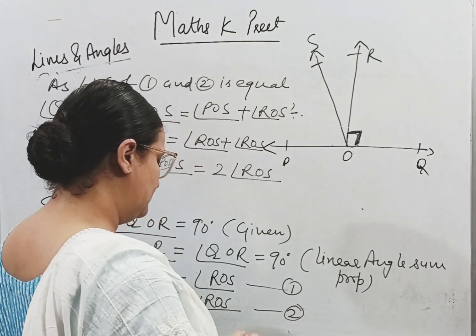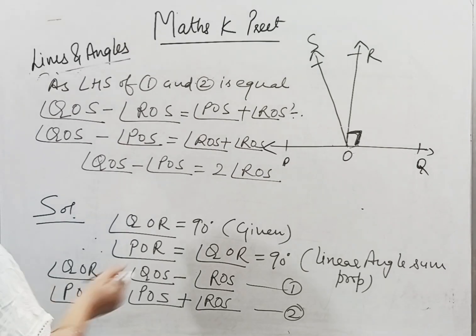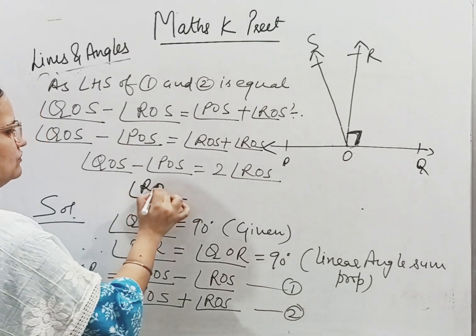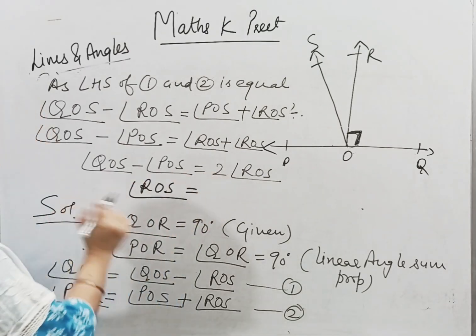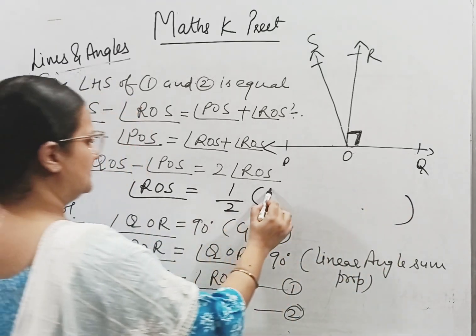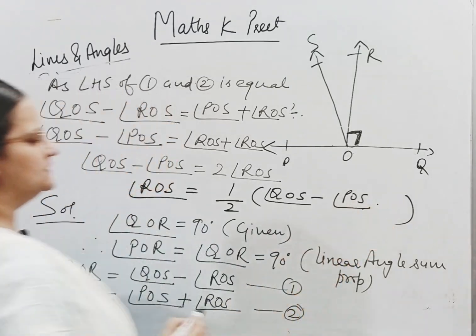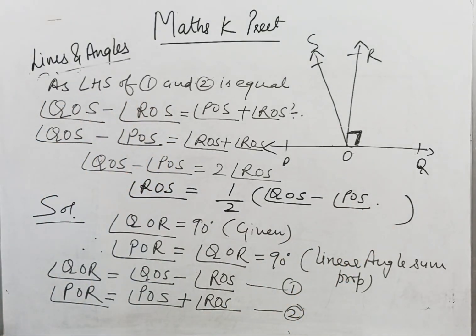So I can take this 2 down to get my result. ROS is equal to half of QOS minus POS. And this is what we have to show.